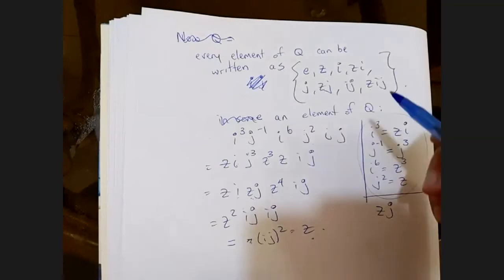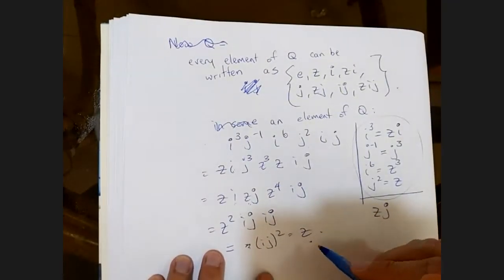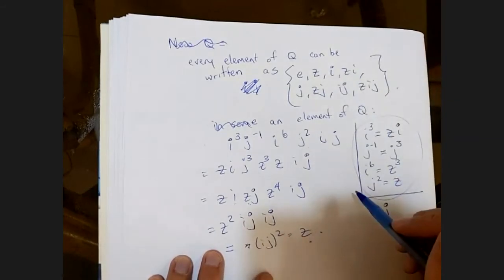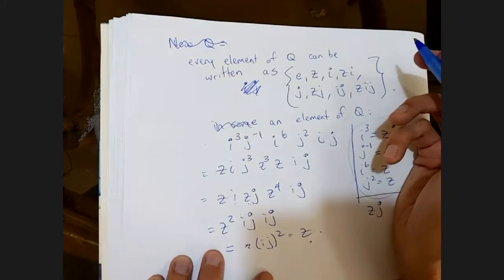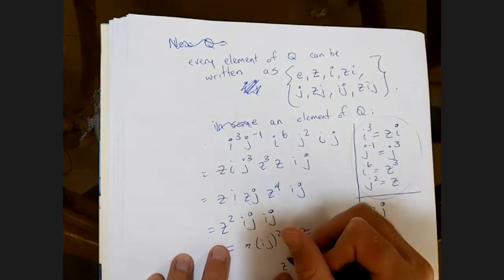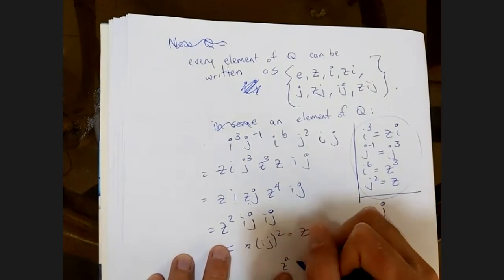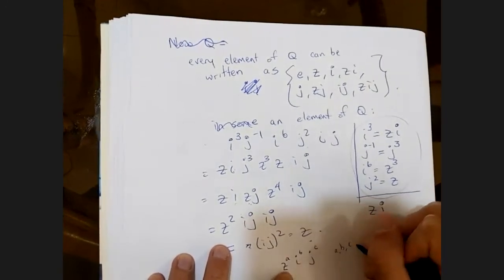So everything in Q can be written as a power of z, a power of i, and a power of j, and each power can be 0 or 1. So every element of Q is like z to the a, i to the b, j to the c, where a, b, and c are either 0 or 1.